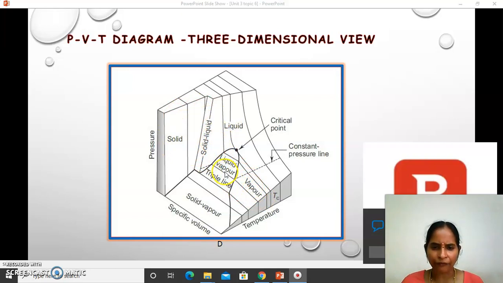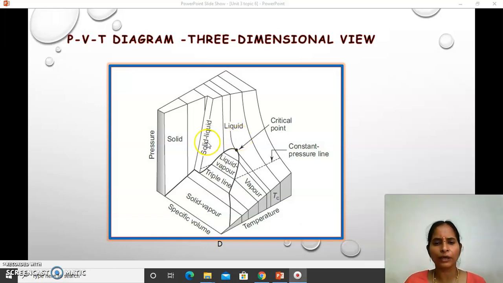After the vapor dome you will get only the vapor state, and below the triple point you will get the solid vapor region. And to the left side of this vapor dome you will get the solid, and this is the in-between region because of the volume decrease during the fusion.